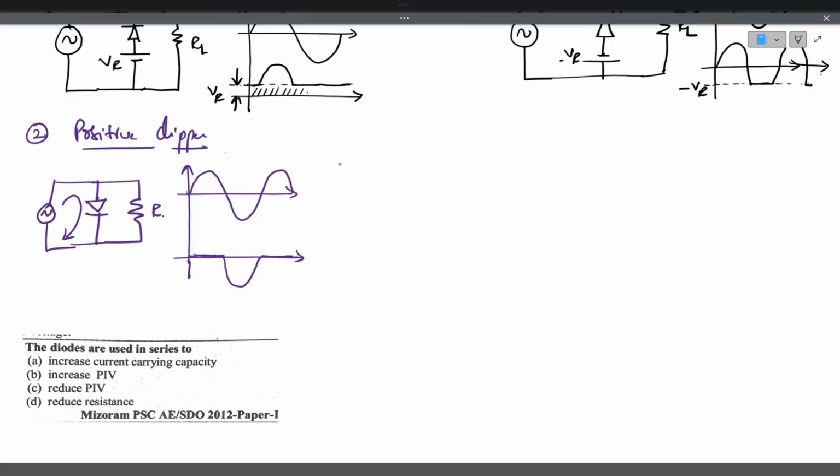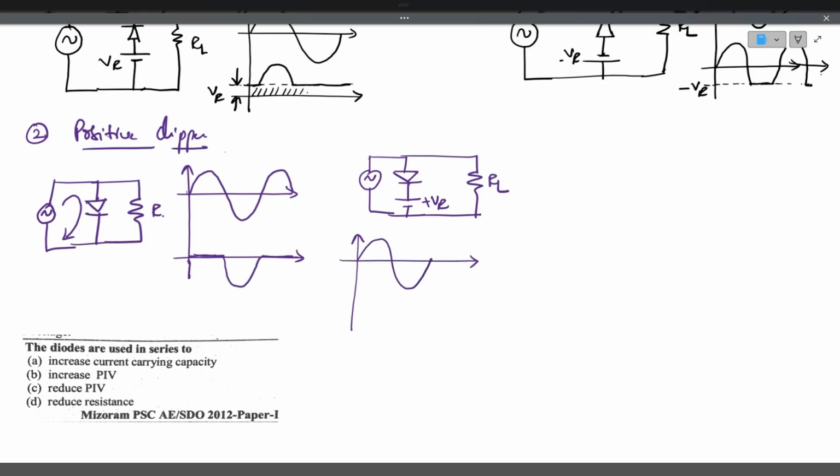Now, similarly, consider the positive clipper with a positive bias voltage. With the diode, and a positive bias voltage plus VR applied, what will be the output waveform? The output waveform now contains the negative half cycle plus some portion of the positive half cycle also.